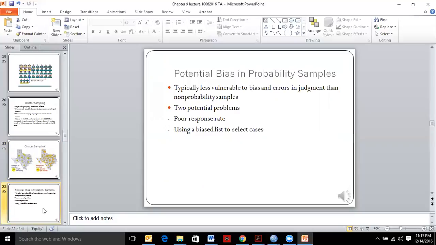There are some potential biases in probability samples. Although it's typically less vulnerable to bias and errors in judgment than non-probability samples, it has two potential problems, which are poor response rate and also using a biased list to select cases.